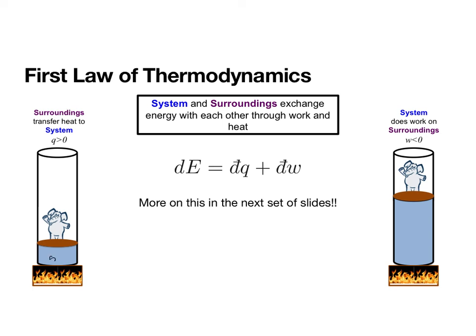And so in this case, our system is in the blue, our surroundings is the elephant, and the system and the surroundings are transferring heat and work. And these are the two forms of energy that are being moved through their processes.